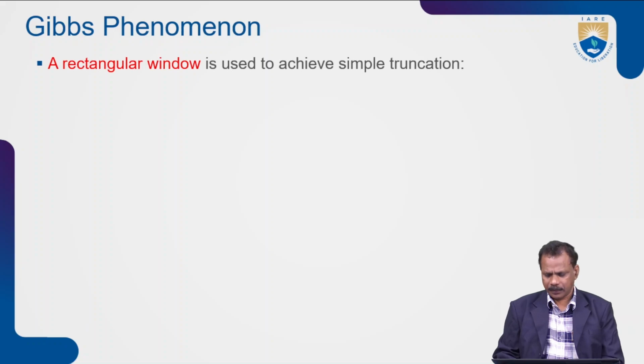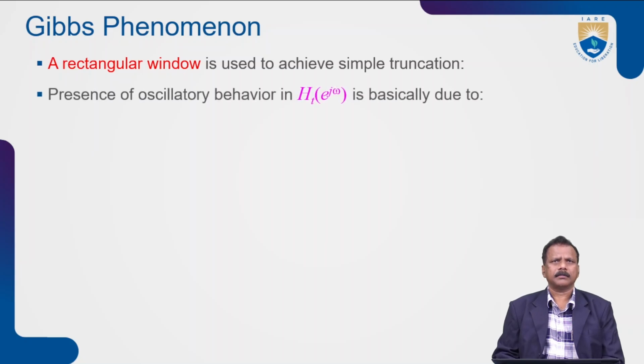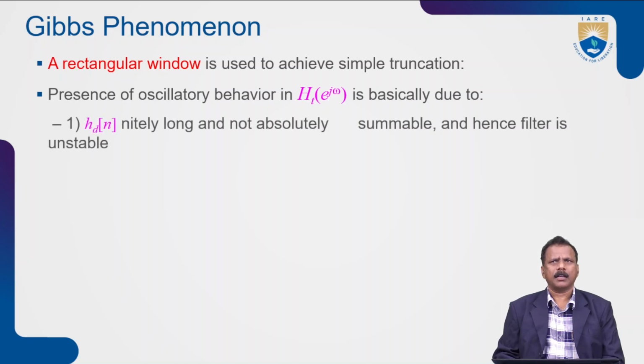Coming to each and every windowing technique, how it is involved and how it is affected mathematically and theoretically. A rectangular window is used to achieve simple truncation. This is the main significance. The presence of the oscillatory behavior in H_t(e^jω) is basically due to h_d[n] being long and not absolutely summable, and hence the filter is unstable.